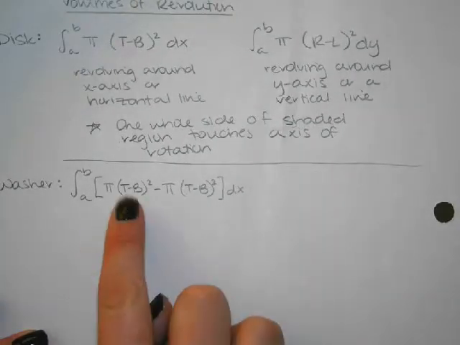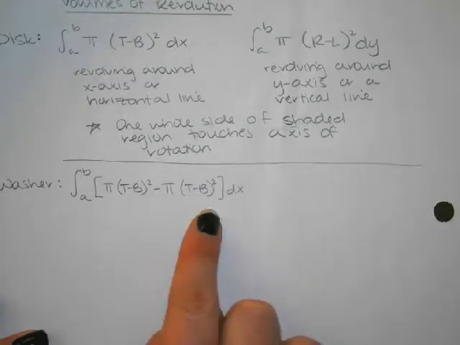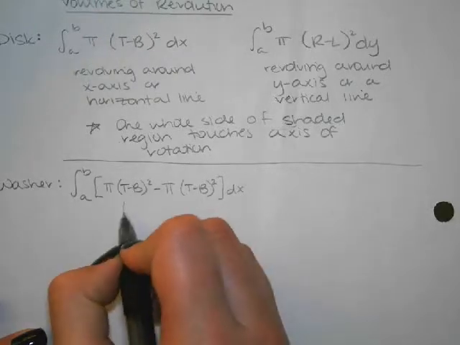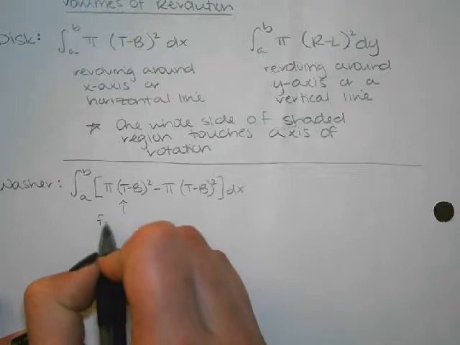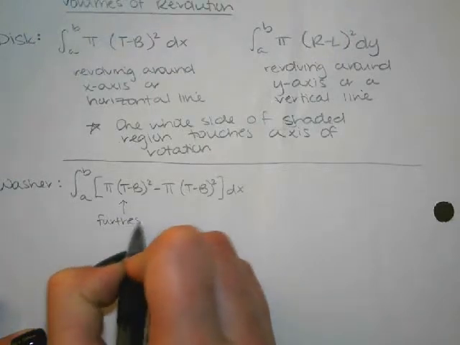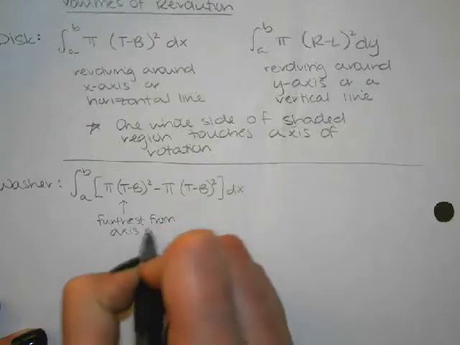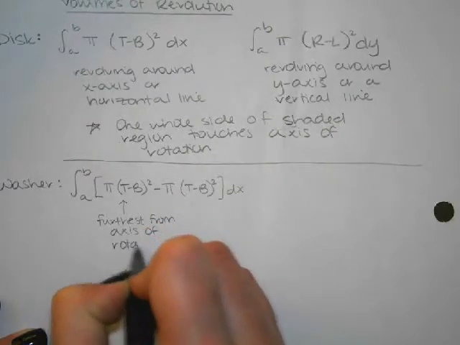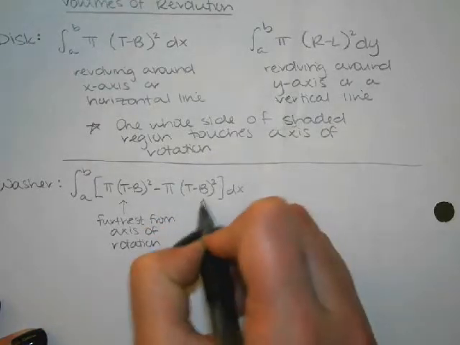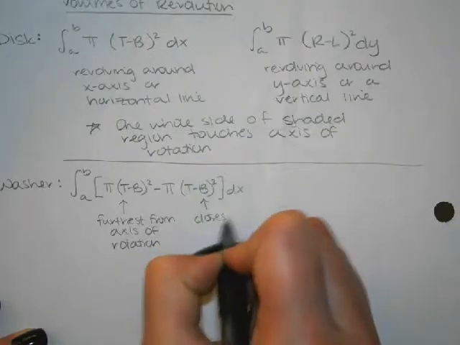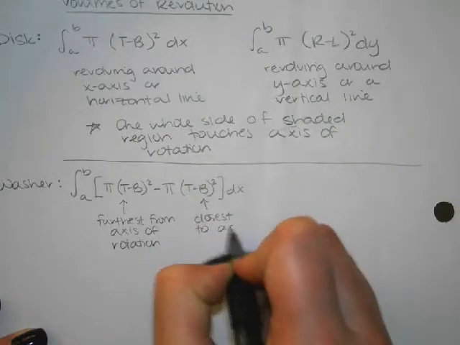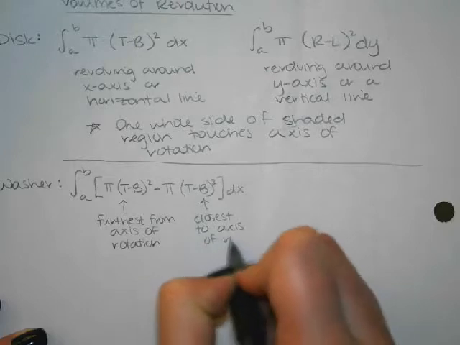And how do I choose which one goes first? Okay, so I'm going to say this one is furthest from the axis of rotation, and this one is closest to the axis of rotation.